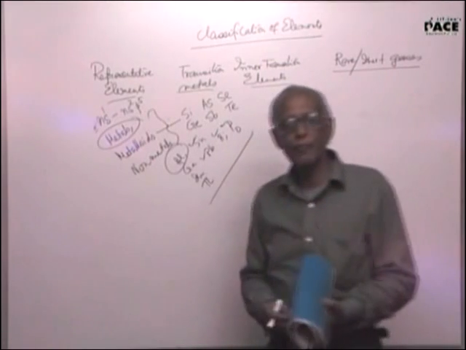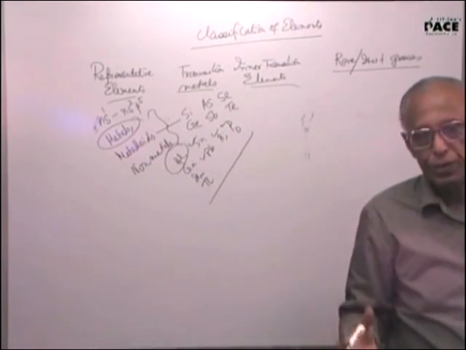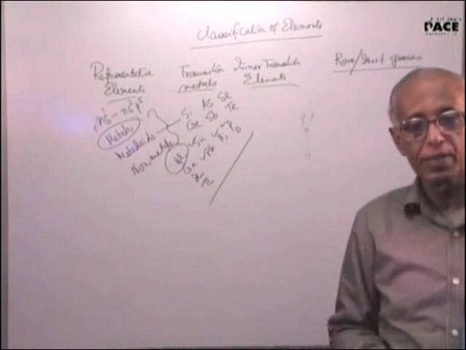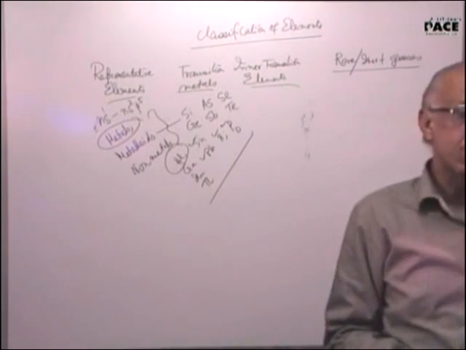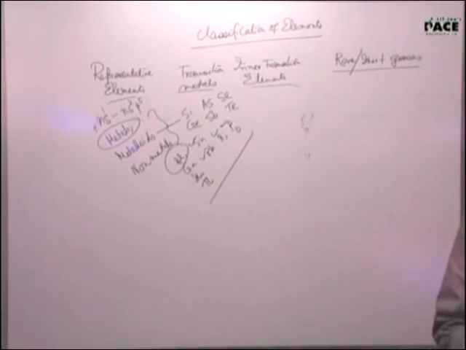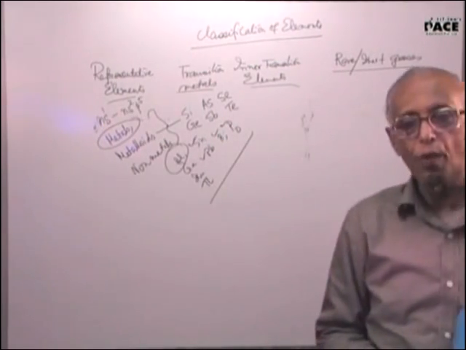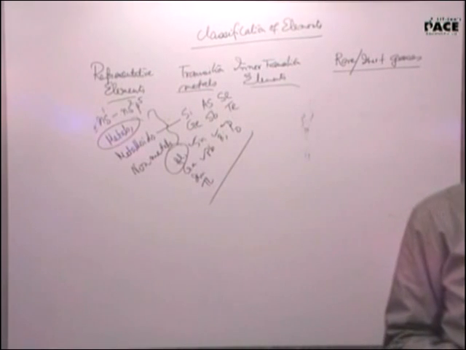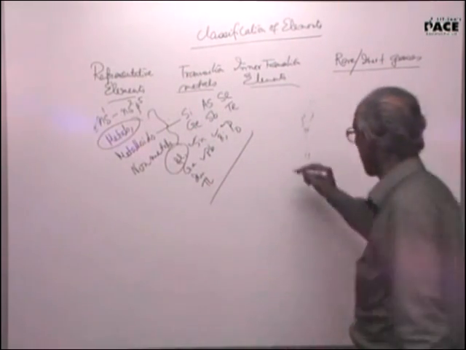These metals have varying strengths. The tensile strengths vary, the hardness varies. We know that the alkali metals are the softest metals. What is the reason for being soft? The strength of a metal is determined by the metallic bond strength.